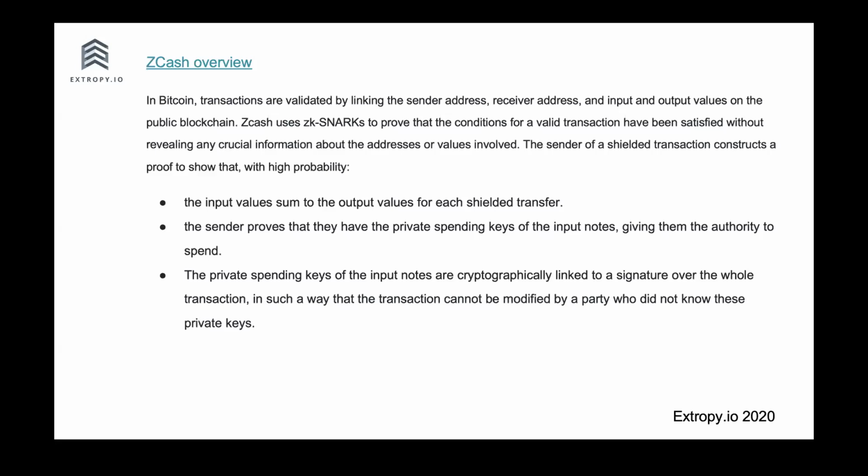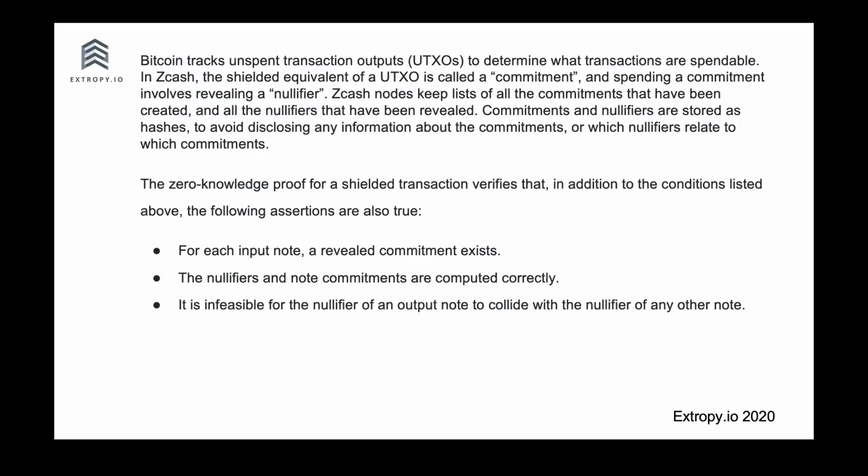It uses the idea of notes and nullifiers. The idea is, once you're creating a note for the transaction, this is done in a way that has a commitment to the information you've put in, but does not give away information.